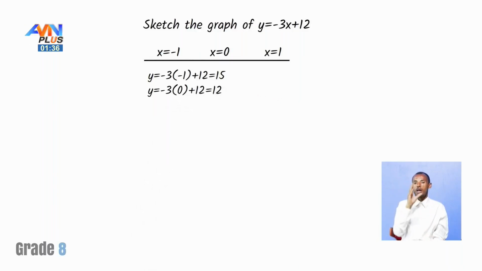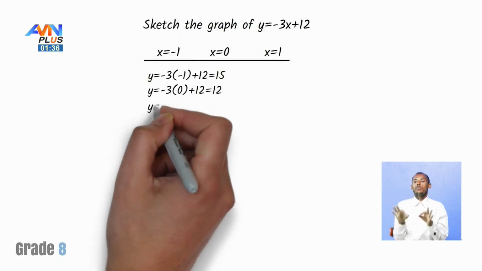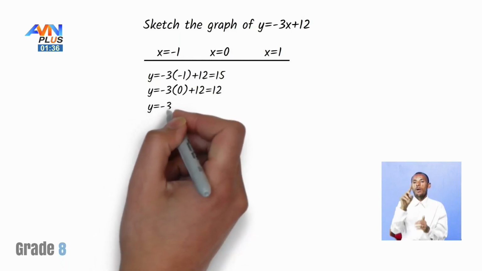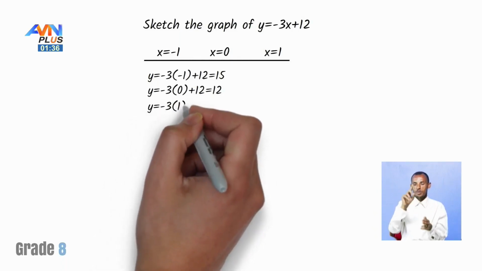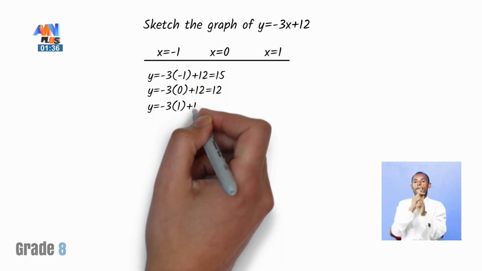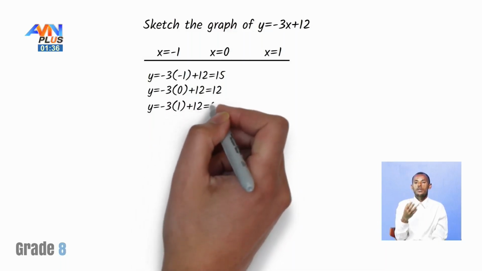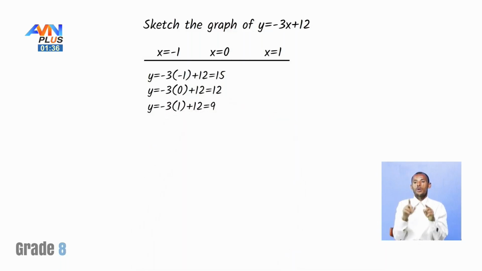And put x = 1: -3 times 1 plus 12. When we substitute positive 1 in this equation, the result becomes -3 plus 12, which is positive 9.